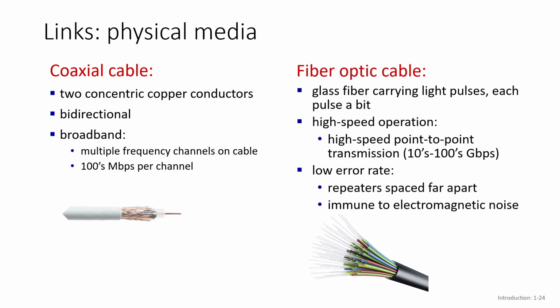Some other physical medium, then we have the coaxial cable. This cable, it's an old cable we used to use. Usually it's present in the TV setup when you wanted to plug your dish straight to your TV.